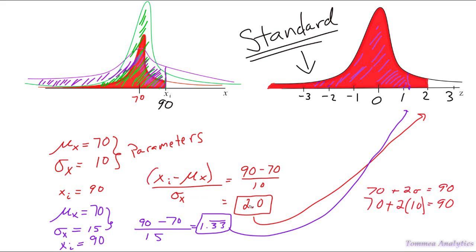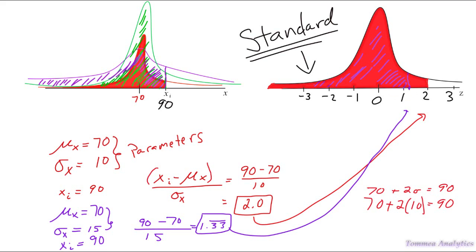So the z-scores that we get are actually the number of standard deviations. The 90 lies 2 standard deviations out from 70, and if we take that 2.0 and bring it over here, we get 2 standard deviations out from 0.